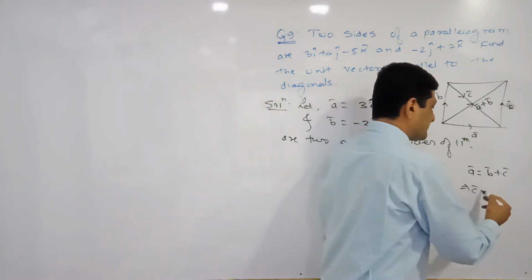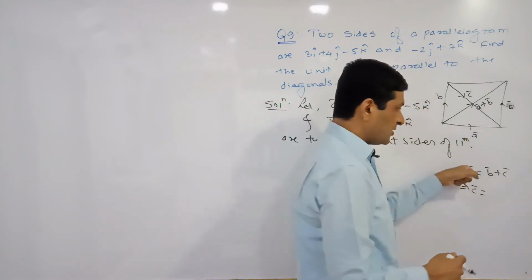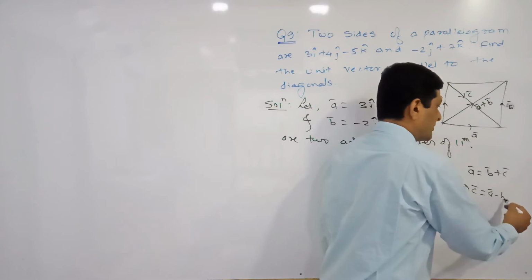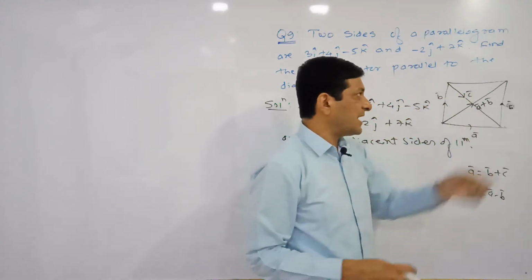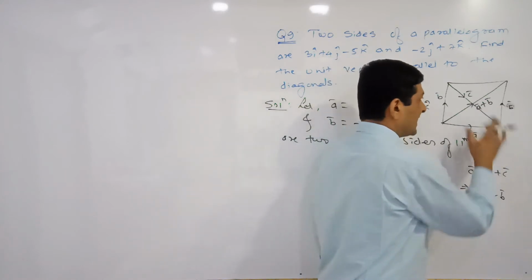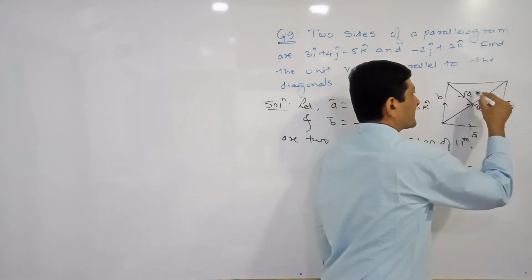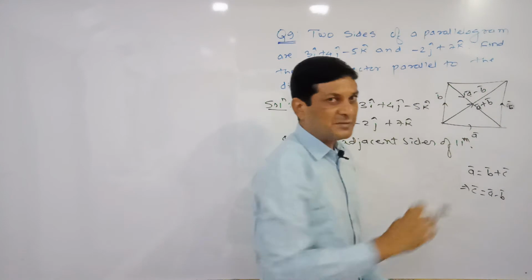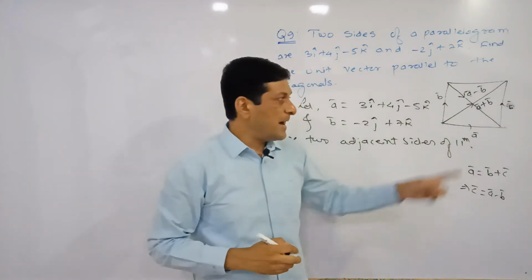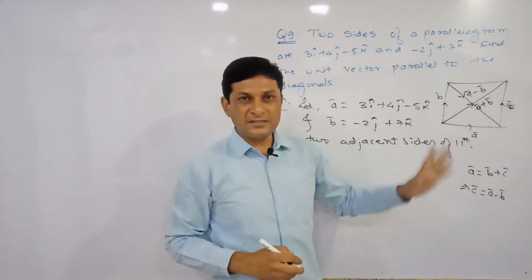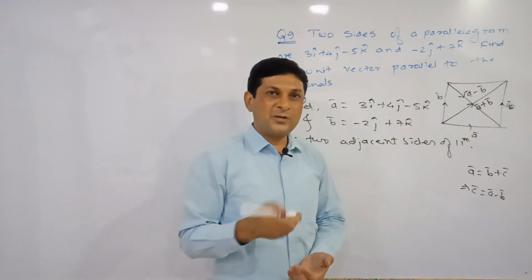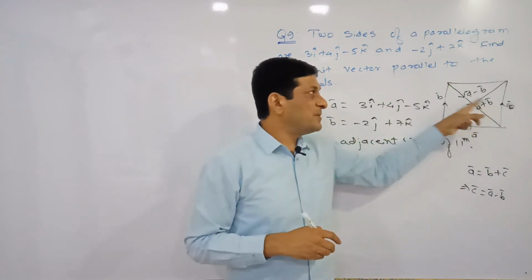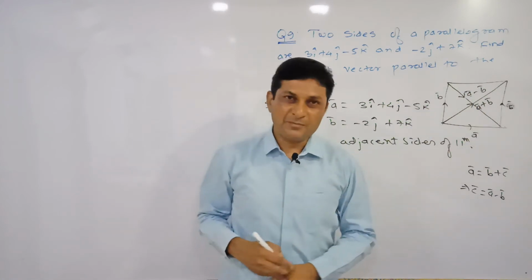So this implies that C bar is equal to A bar minus B bar, since B bar on this side becomes minus B bar. C bar is nothing but the second diagonal. So the value of the second diagonal is A bar minus B bar. Simply remember this important result: if A bar and B bar represent adjacent sides of a parallelogram, then the diagonals are A bar plus B bar, and the second diagonal is A bar minus B bar.